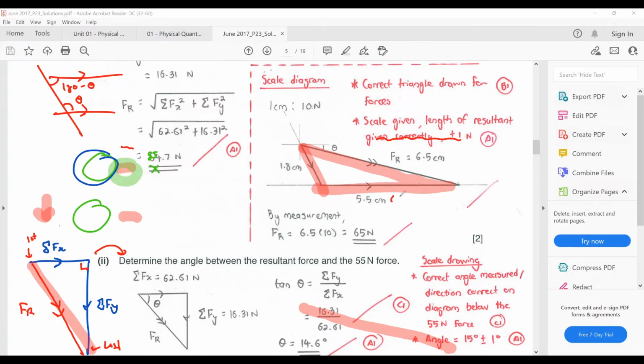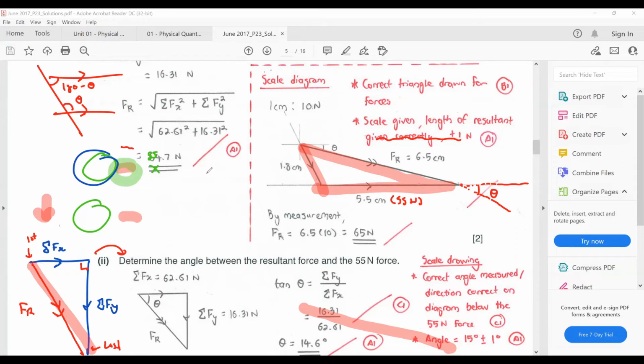The angle between your resultant force and your 55 Newton force, you can actually do something like this. You can extend the horizontal line and the resultant line. This angle is what they want.